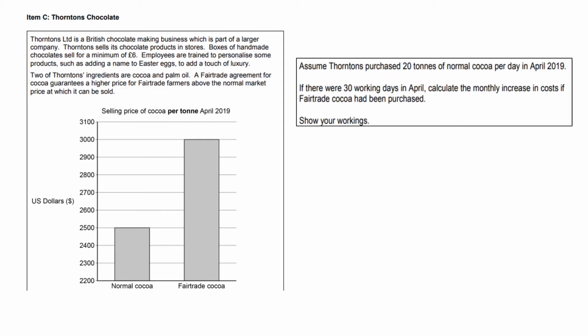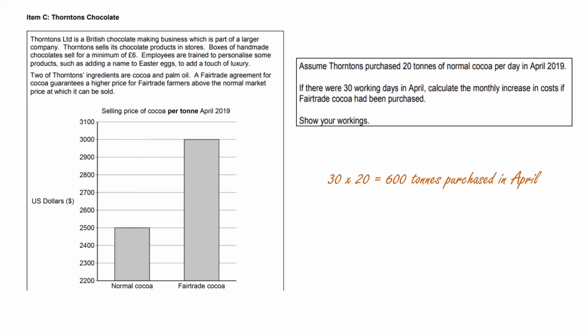This question again is in two parts. Second part of the question is, assume Thornton's purchased 20 tons of normal cocoa per day in April 2019. If there were 30 working days in April, calculate the monthly increase in costs if fair trade cocoa had been purchased. Show your workings. So 30 days times 20 tons would be 600 tons purchased in April.